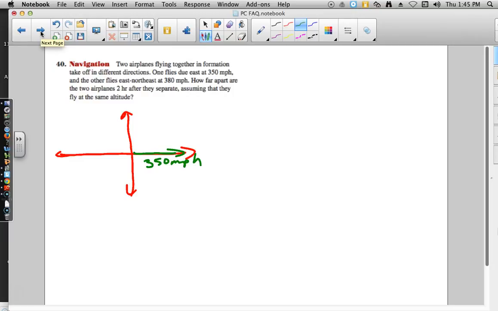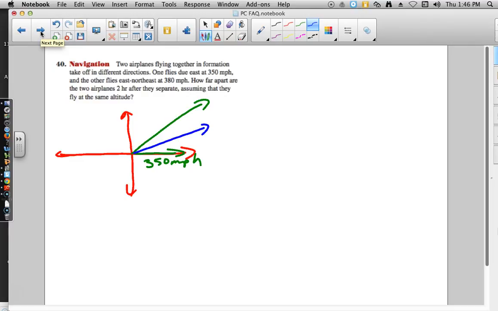And the other flies east-northeast at 380 miles per hour. Now, that's something you may have to look up. What does east-northeast mean? Well, if we had perfect northeast, it would be right here. But halfway between perfect east and perfect northeast is east-northeast.